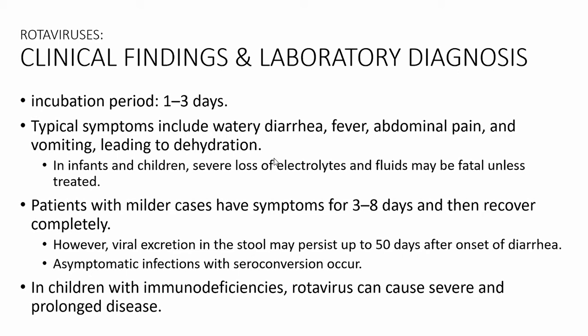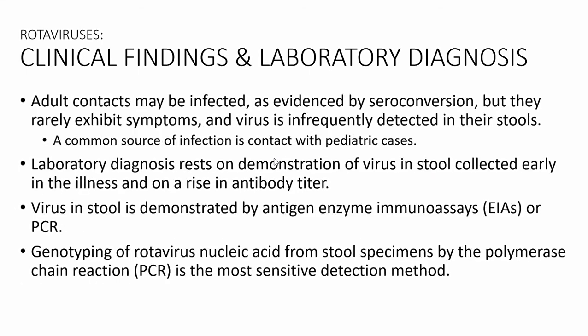In children with immunodeficiencies, rotavirus can cause severe and prolonged disease. Adult contacts can also be infected, as evidenced by seroconversion. So seroconversion, for those who don't know yet, is the presence of antibody.